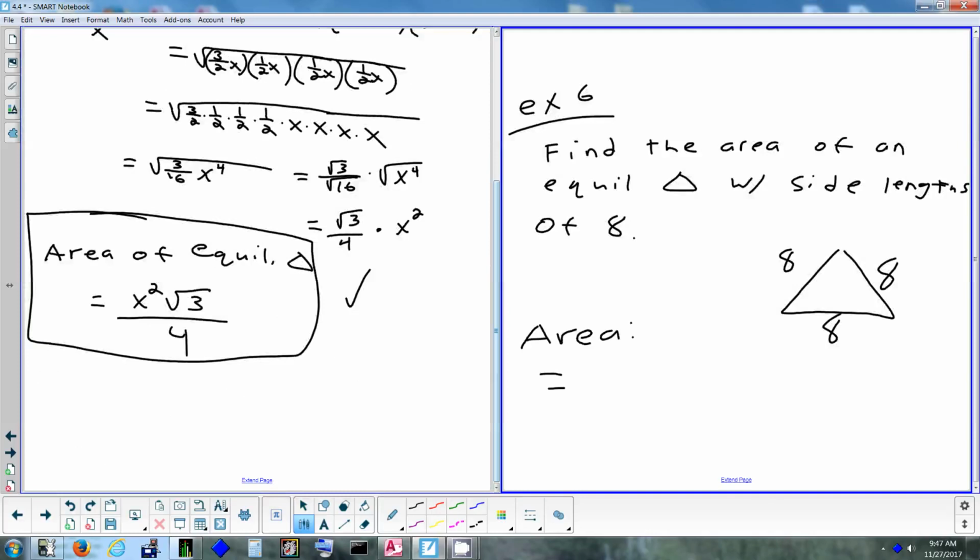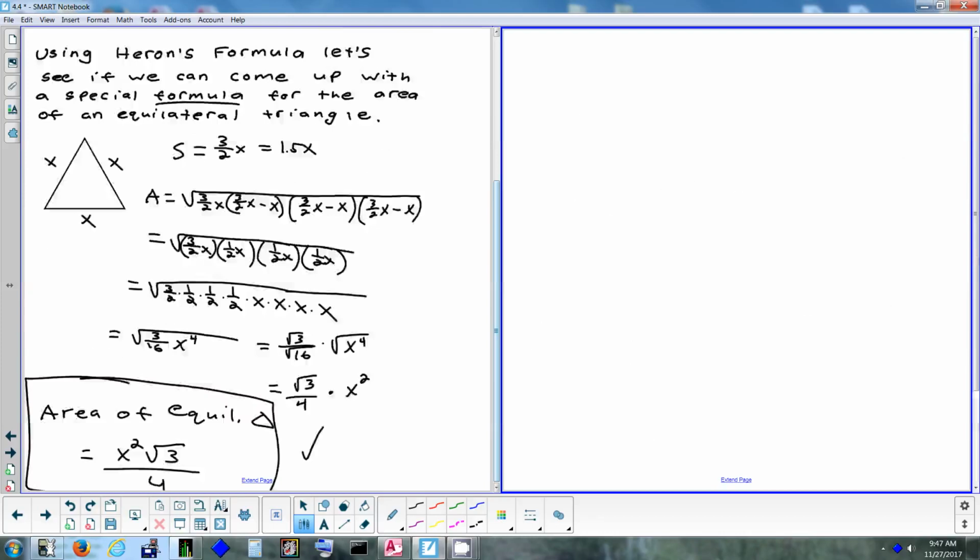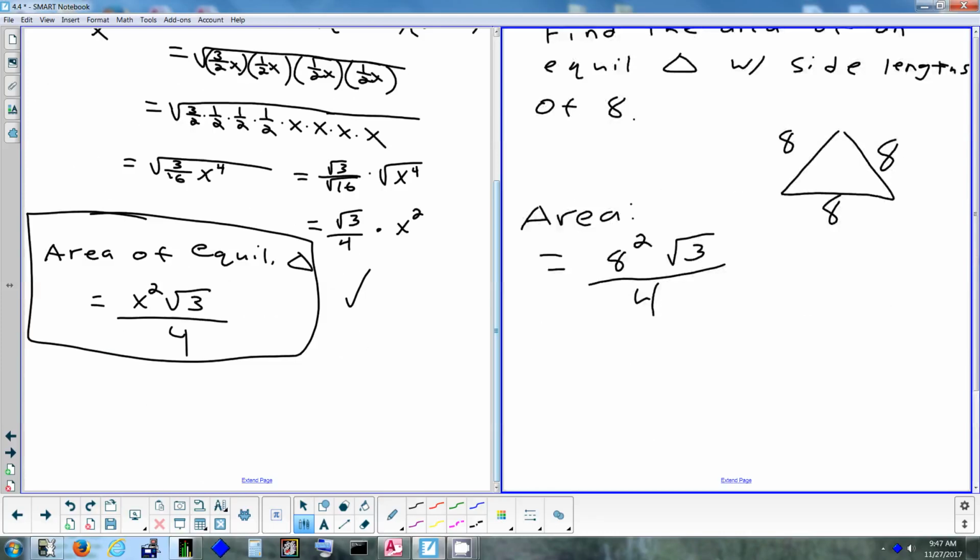Okay, so the area is the side squared times the square root of 3 divided by 4. And just simplify what you can. So 64 square root of 3 divided by 4. And what's 64 divided by 4? 16.